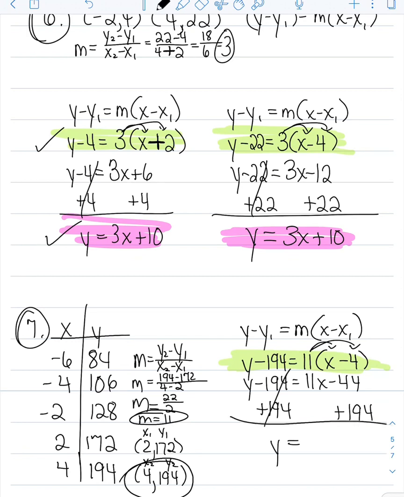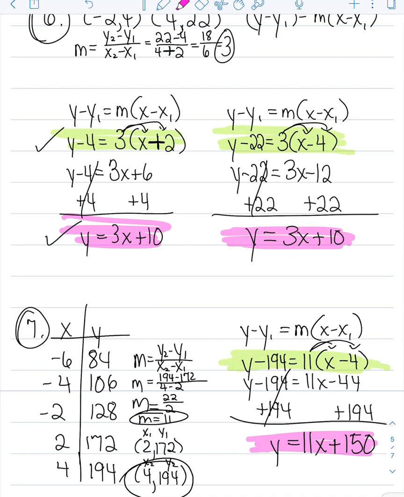So I get y equals 11x and 194 take away 44 is 150. So from this, I know my slope is 11 and it goes through the y-axis at 150. So my y-intercept is 150. So now I hope you're starting to see different forms give us different information.